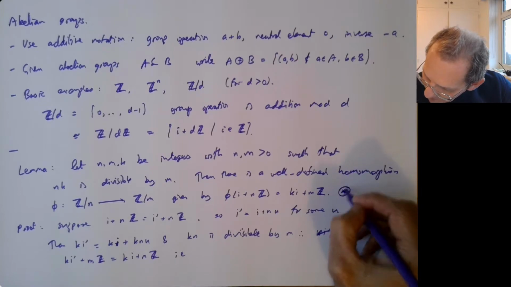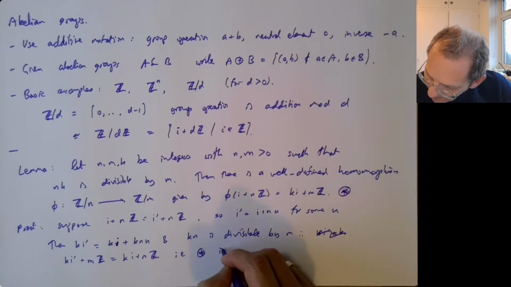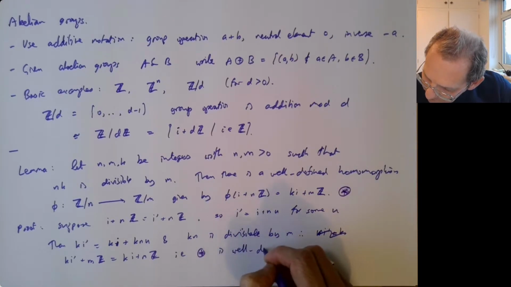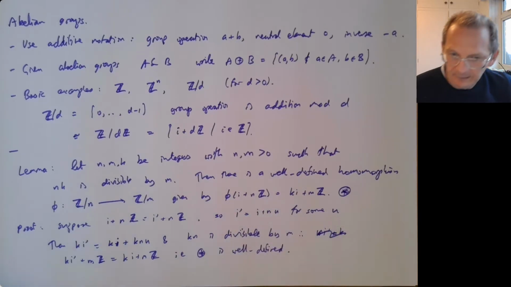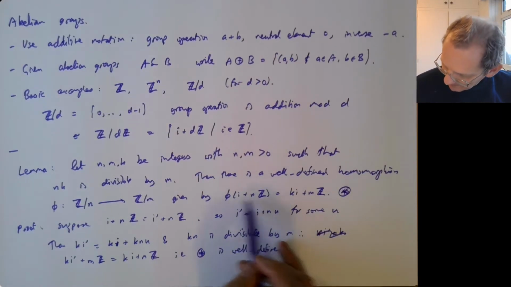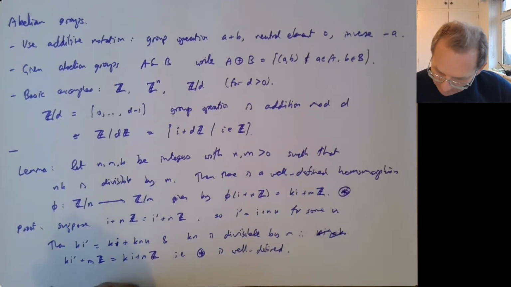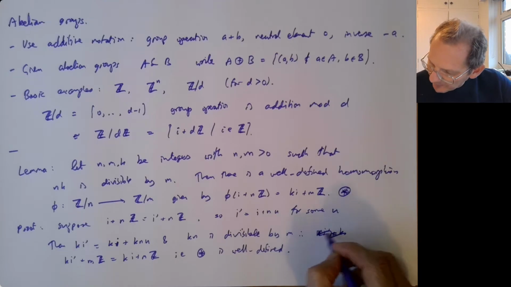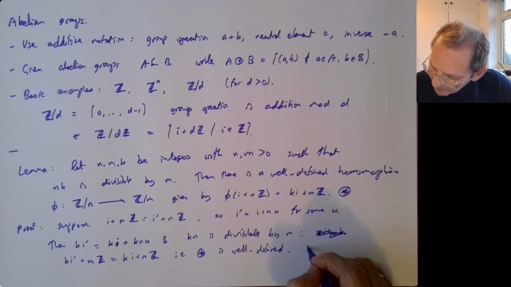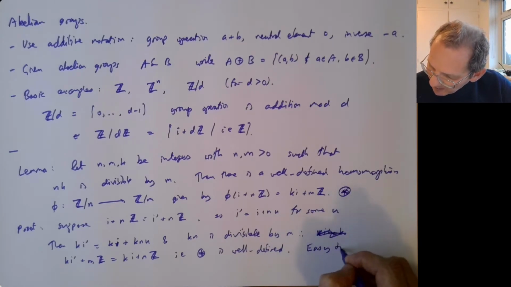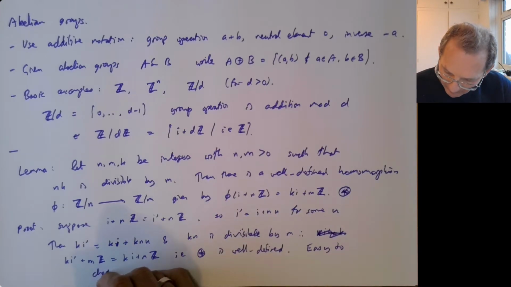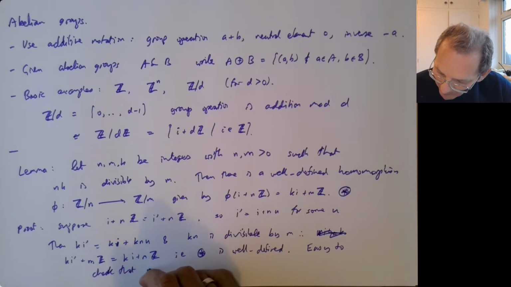So this definition is well defined. If I represent the same coset in two different ways, I still get the same answer on the right hand side. And then, given this, I won't say any more, it's easy to check that phi is a homomorphism.